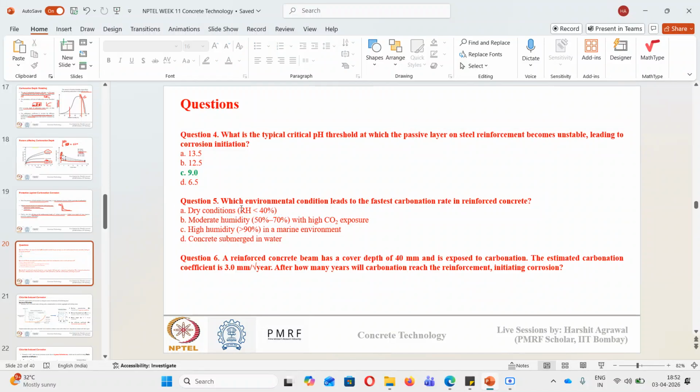Question number 5. Which environmental condition leads to the fastest carbonation rate inside reinforced concrete? I have given you four conditions. In which condition will the rate of carbonation be the highest?